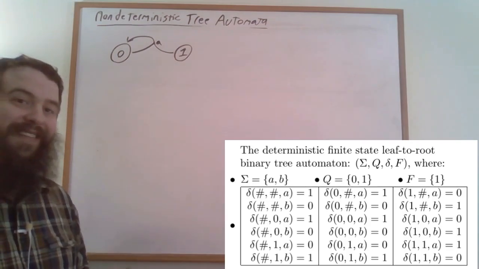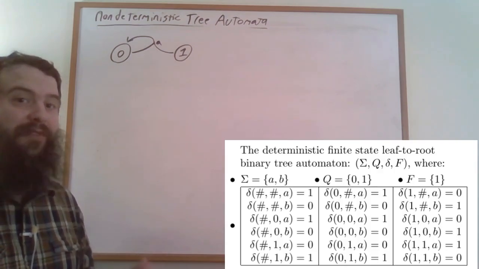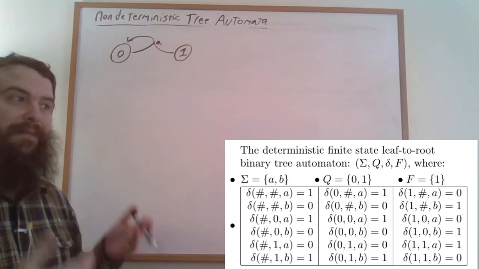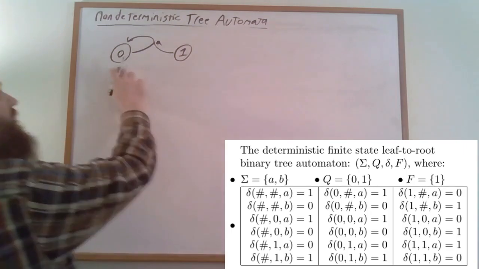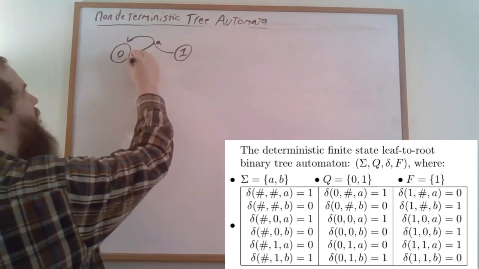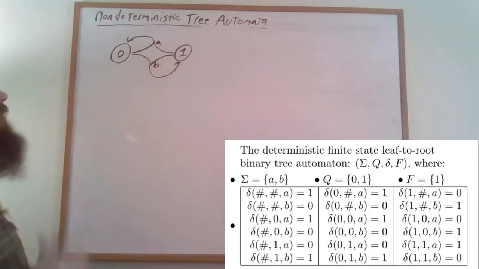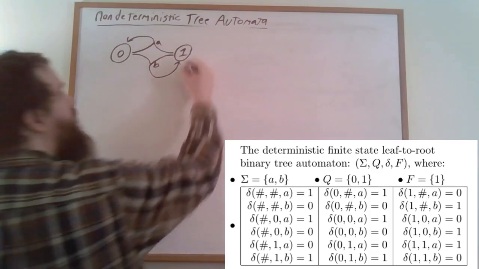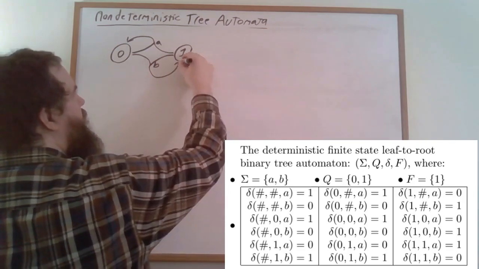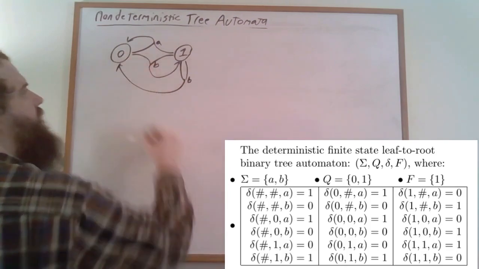And so that's going to save us from having to draw a whole bunch of arrows that we normally would have to draw, making our diagram even more complicated. If we have two child nodes in state 0 and state 1, and we read a B, we're going to want to go into state 1, so we indicate it like this. If we have two child nodes in state 1 and we read a B, we're going to want to go into state 0.